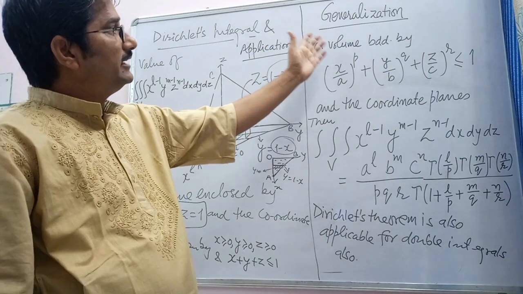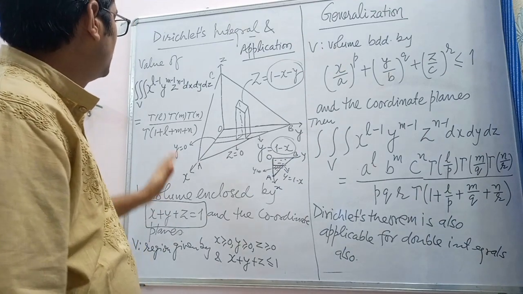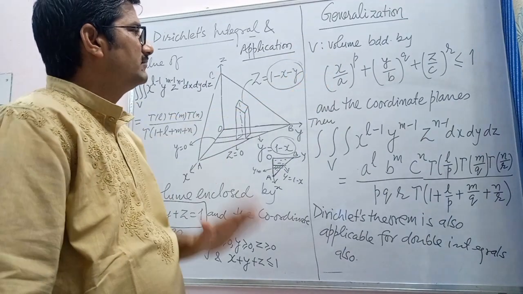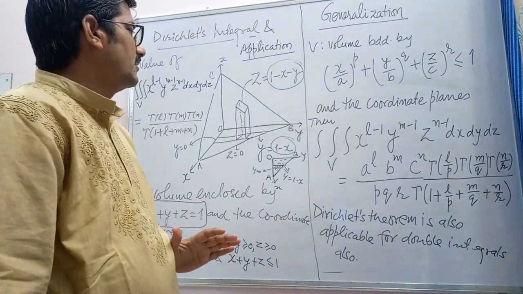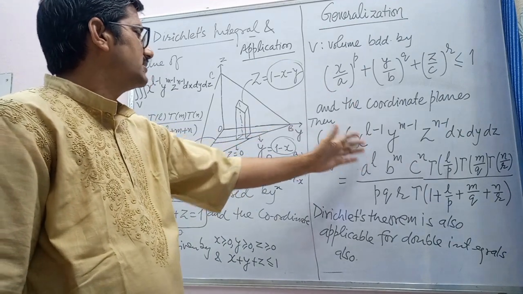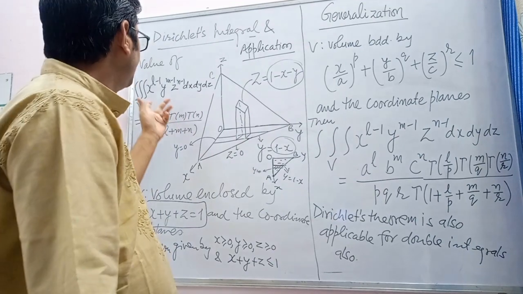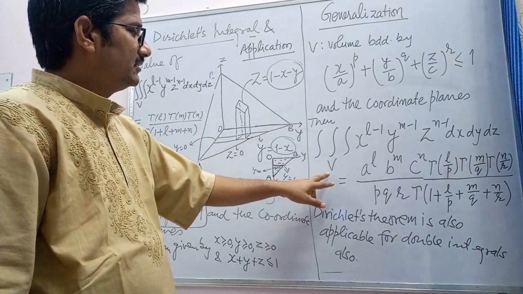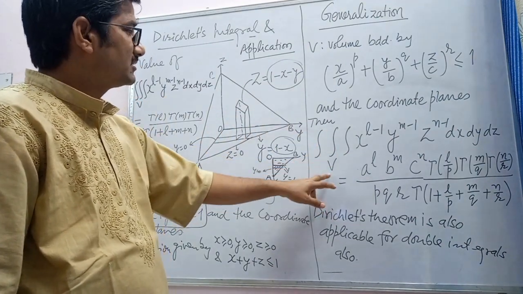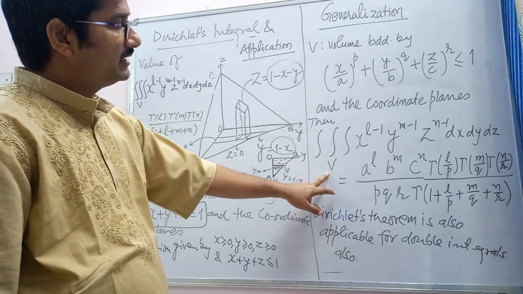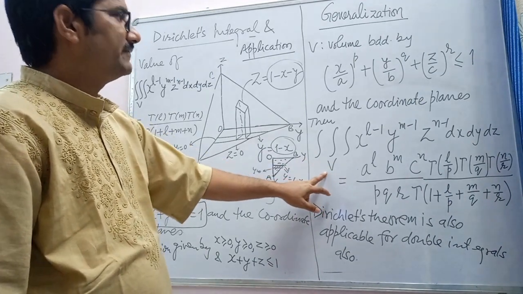The right hand side of this is the generalization of the Dirichlet integral. What is the difference between this and this? In both sides, the integrand is the same, but the surface over which this triple integral is to be found is different.